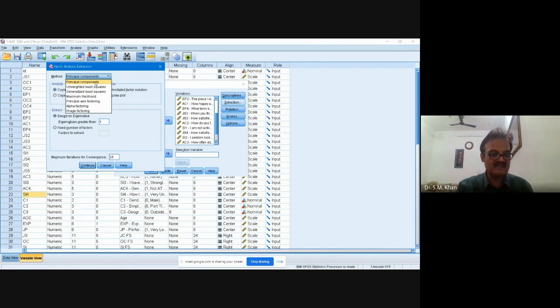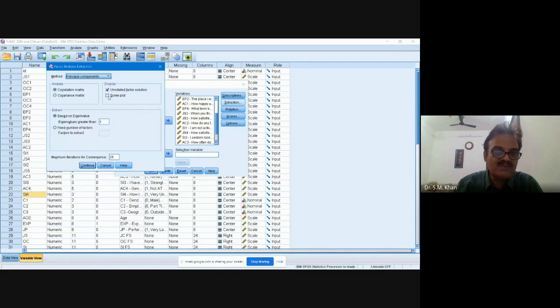And the principal component analysis helps you to ensure or to maximize the variance into the variable under measurement. It helps to explain as much variance as possible. Okay. So we will continue with the principal component.